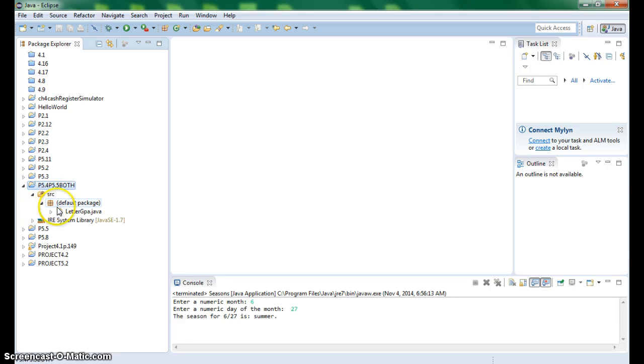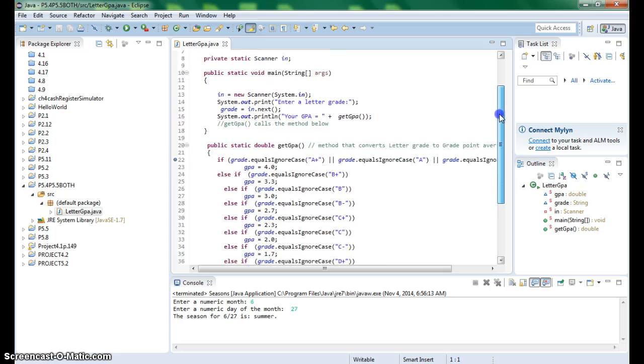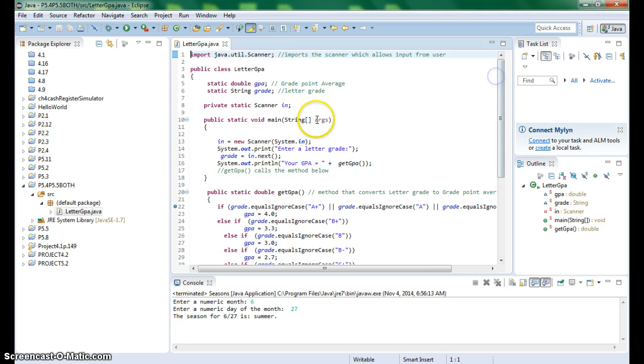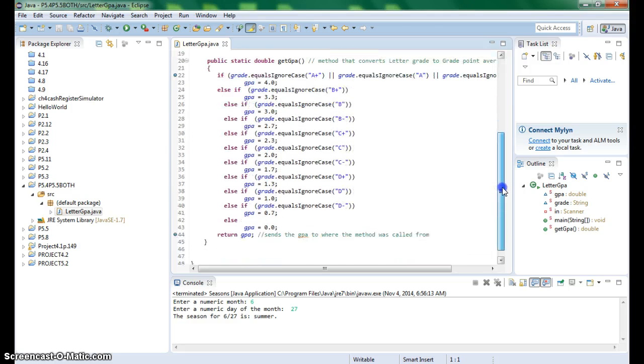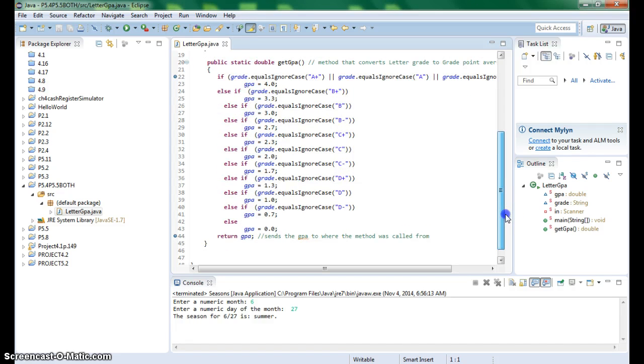So 5.4 is, this one's 5.4, and I'll let you look at the, we've got enter the grade, you entering a letter grade, and then it's going to give you a GPA because this is what calls the method, and here's the GPA method, and it takes the letter grades that they give and breaks them down to GPA.